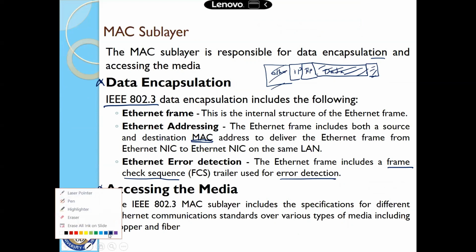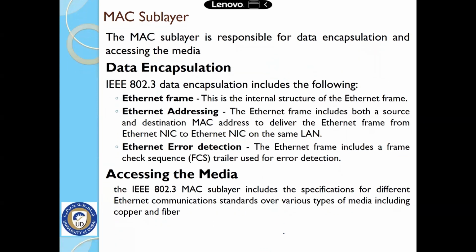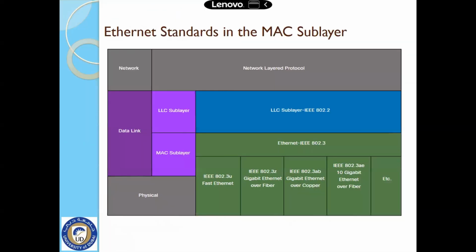The sublayer includes the specifications for different Ethernet communication standards over various types of media, including copper and fiber. So remember, we have 802.3. We will have A for something, B for another thing, there will be AB, and probably C. This figure shows the idea. This whole thing is the Ethernet part.